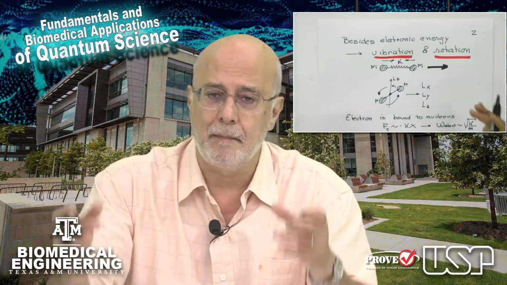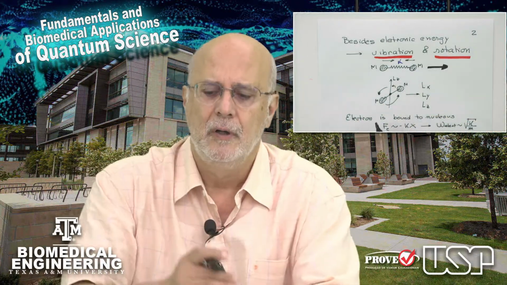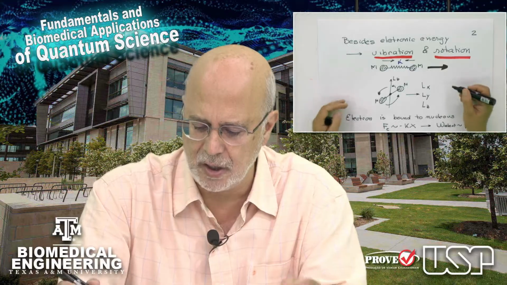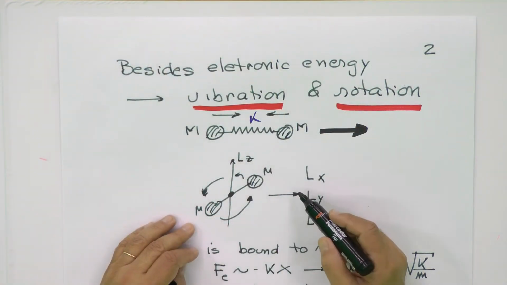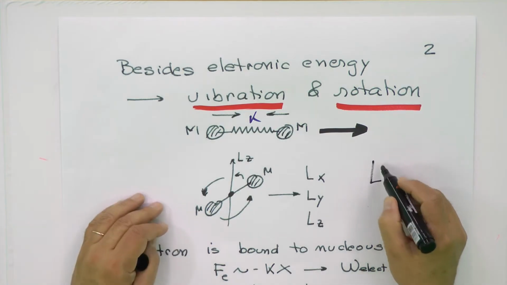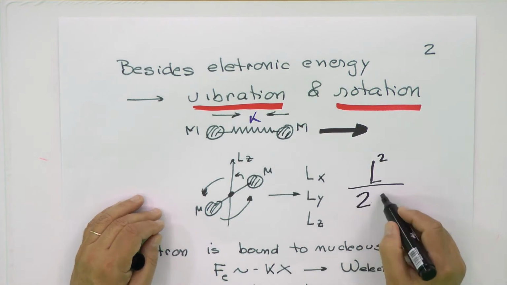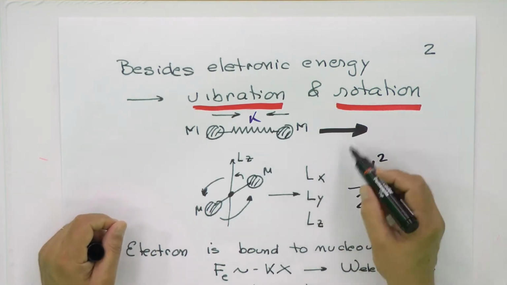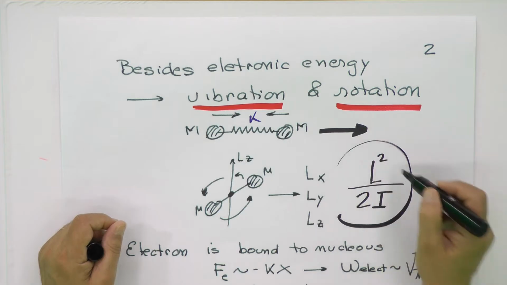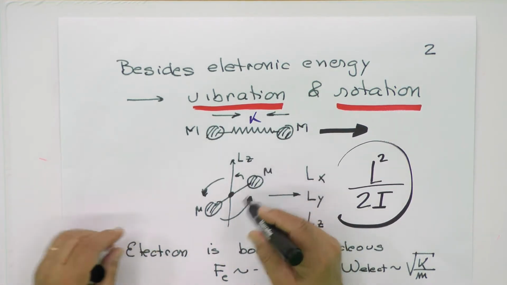Now, because we have these two masses, we also have the possibility of rotation. And you all know that a mass rotating has kinetic energy in the form of rotation. We know that the energy of rotation is basically the angular momentum squared divided by 2 times the moment of inertia. And the moment of inertia depends on how the mass is distributed.